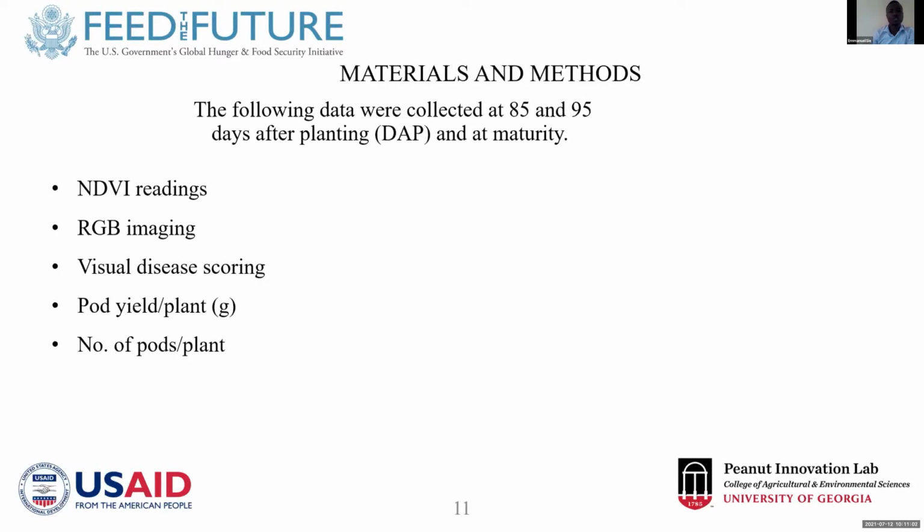Data was collected at 85 and 95 days after planting. The parameters collected were NDVI readings, which is the normalized difference vegetation index, imaging, visual disease scoring, and pod yield per plant.